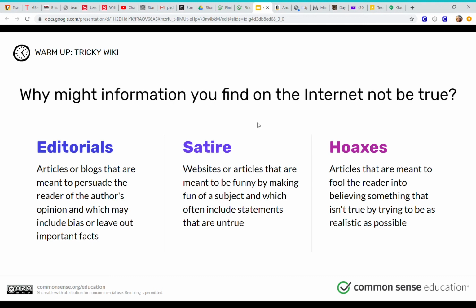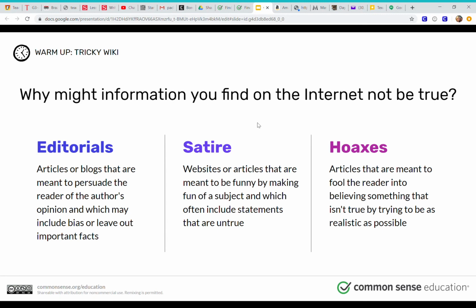Okay, so these are going to be websites like The Onion or Reductress, okay? Or if you guys have ever seen the Scary Movie franchise, that's satire, when they take real movies and then they film them and they make fun of them in a way that's really over the top and goofy and crazy, okay? So satire is like that.